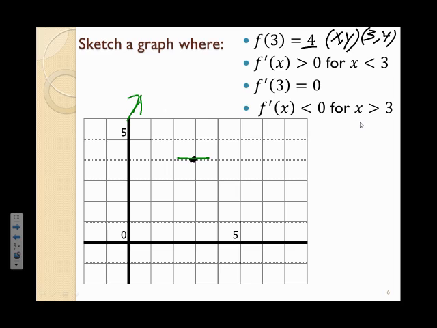So on the other side, from 3 and greater, the first derivative is negative. The first derivative rule says then the function is decreasing. So we have this kind of thing happening. It's going down after that. So it must be increasing from the negative numbers up to 3, and after 3, it's going to be decreasing.